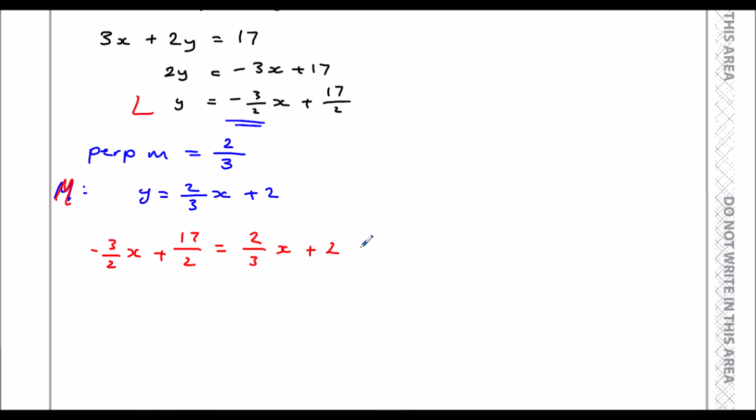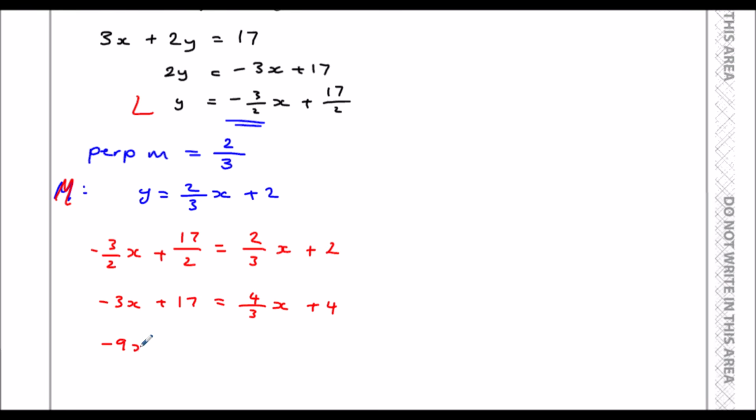And now we just need to solve this equation. Let's get rid of these fractions first. So let's times every term in here by 2. So double everything, which is minus 3x plus 17 equals 4/3 x plus 4. And then let's multiply everything by 3 to get rid of the thirds.